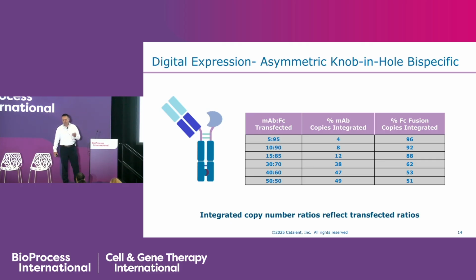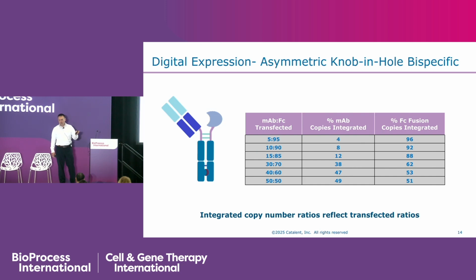So I'll walk through some examples of how we use this system. This was a project where we were expressing a very asymmetric knob and hole bispecific, asymmetric in terms of size, but also in terms of expression. The antibody portion of this expresses very well, the Fc fusion portion does not, so we knew we'd need to balance things quite a bit here.